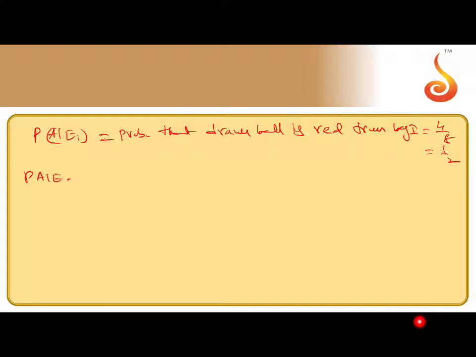P of A given E2: the probability that the drawn ball is red from bag 2. This is 2 by 8, which means 1 by 4.